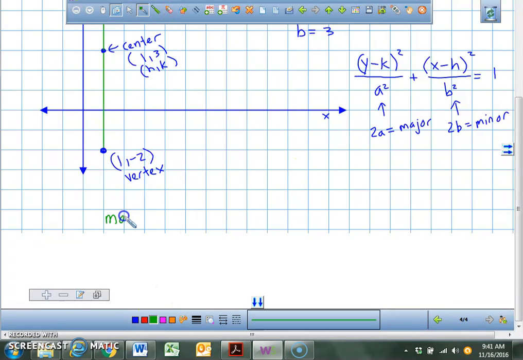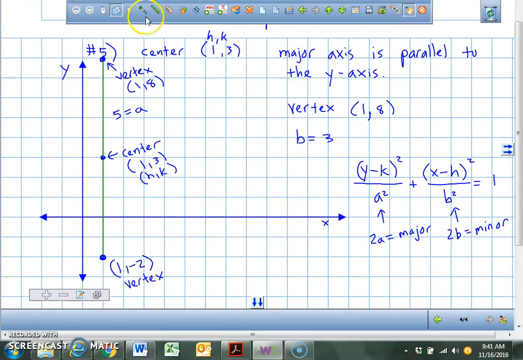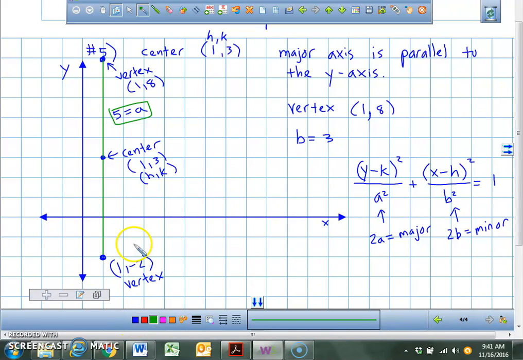I said our major axis is equal to 2 times a, which happens to be 10 units long. So our major axis is 10 units long. 5 equals a. This distance right here is also a, which is equal to 5. So these right here are your a values.